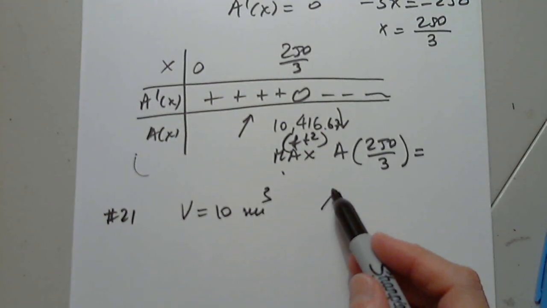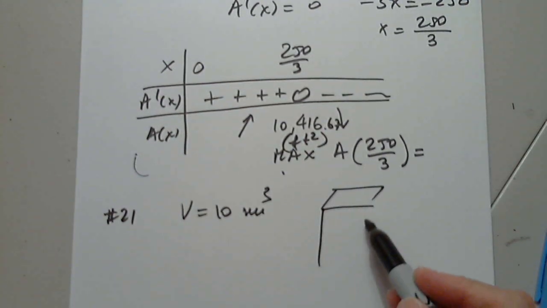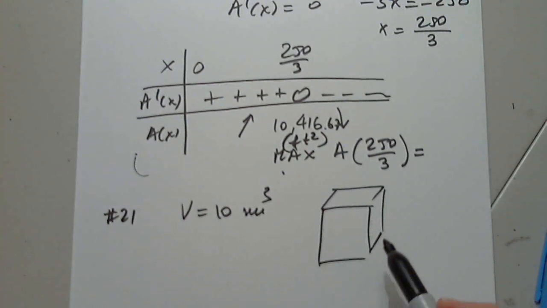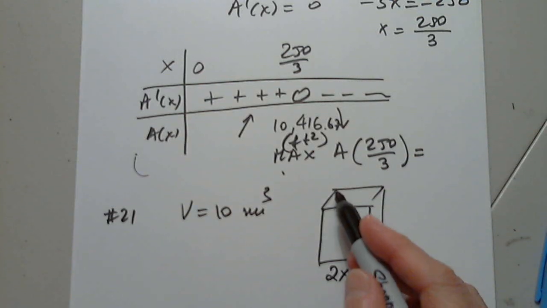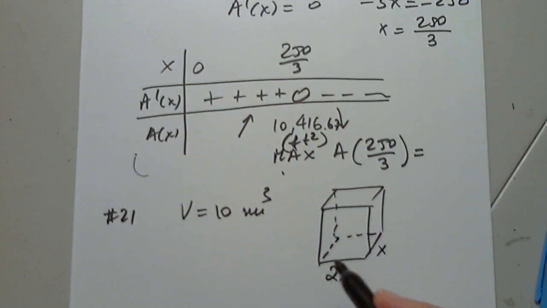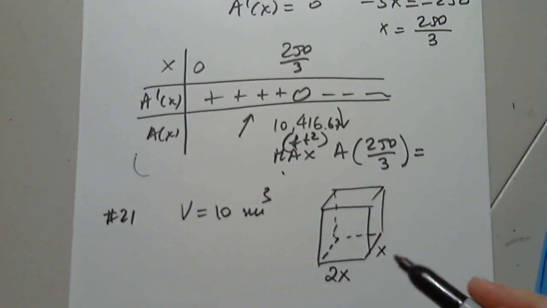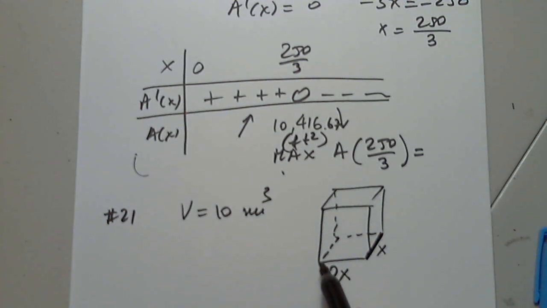So here is the rectangular storage container. And it says the length is twice the width. If this is the width, x, the length is twice x.